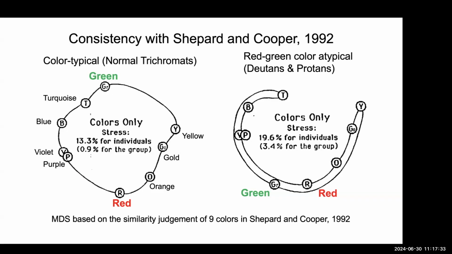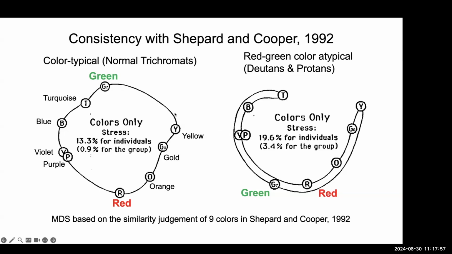This study investigated the similarity structure of only 9 colors. So this is sort of like a schematic and smaller version of our experiment. But what they found is that this kind of structure for 9 colors, for color typical and red-green color atypical participants.